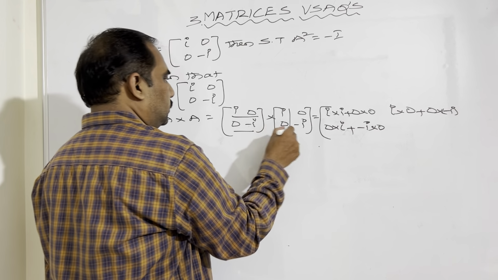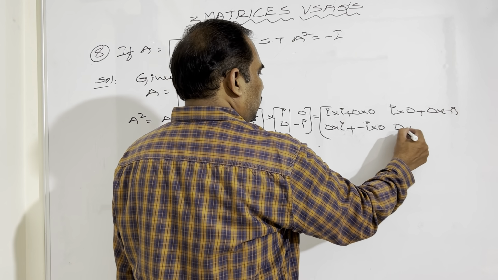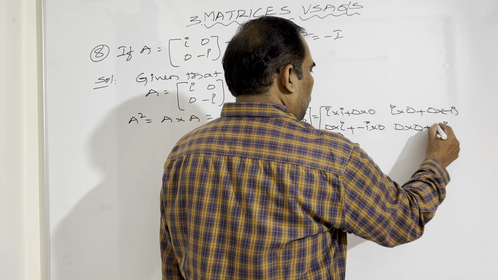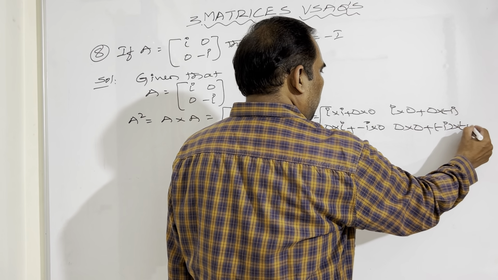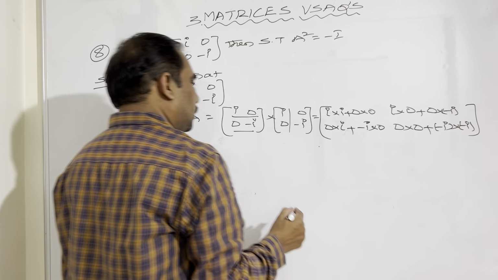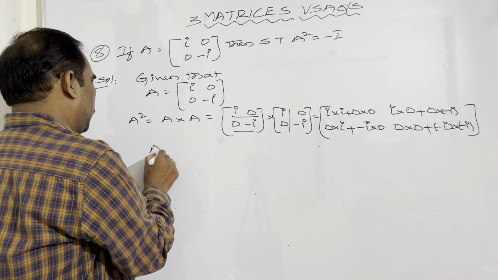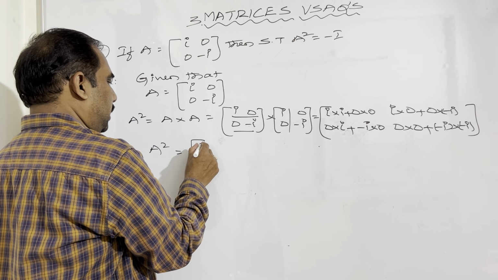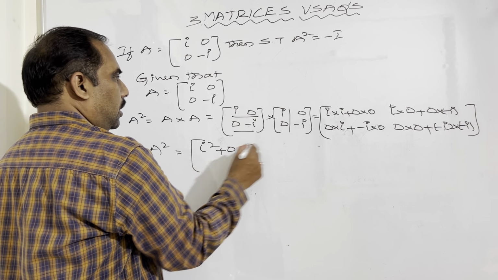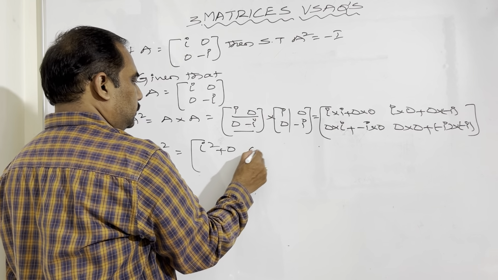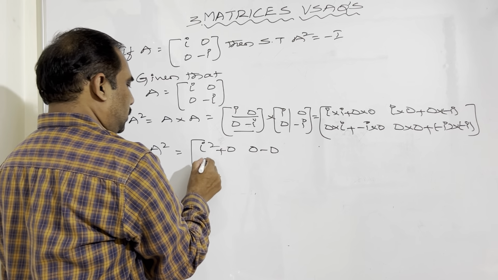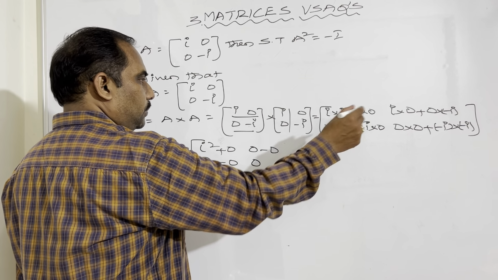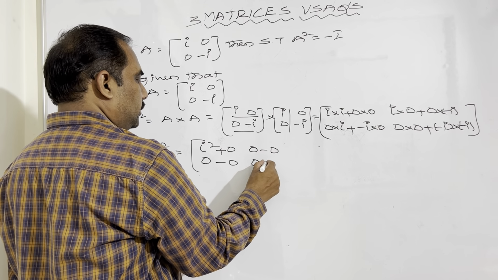Second row, second column: 0 into 0 plus minus I into I, minus I into minus I. So we get A square is equal to I into I, I square, plus 0, and here 0 minus 0, then here 0 minus 0. Again here minus into minus is plus, I into I is I square.